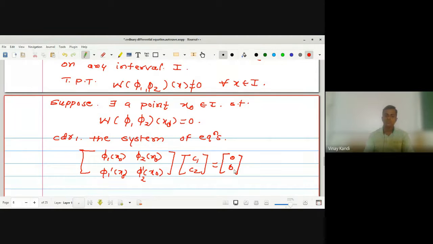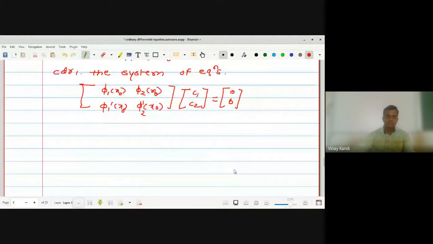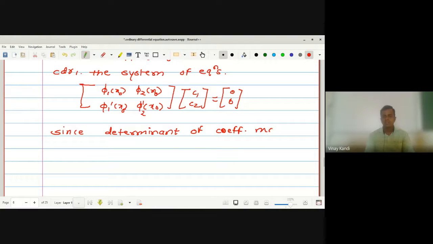Okay, since, look at it, since the determinant, this is the coefficient matrix, that is the Wronskian of phi1 and phi2 at point x naught, is equal to 0.